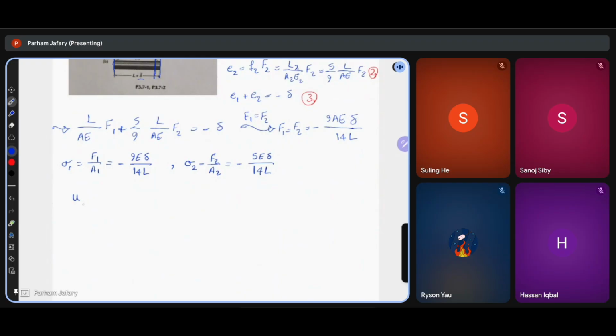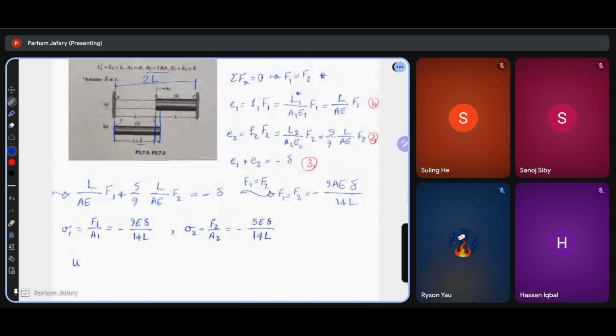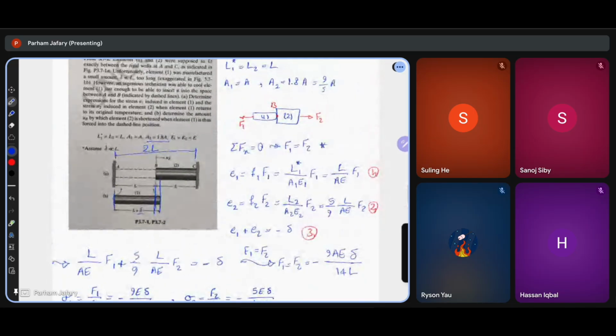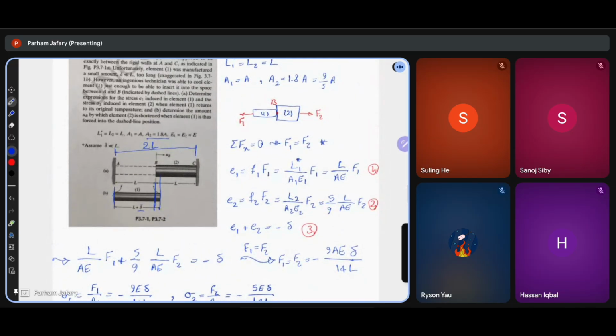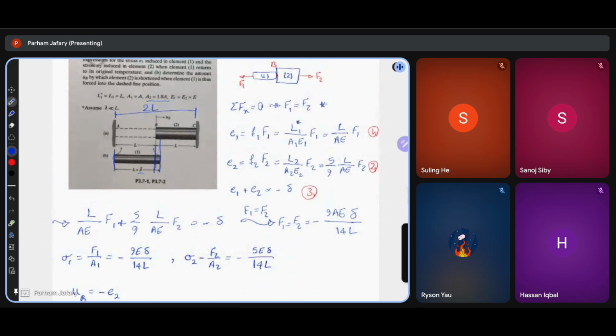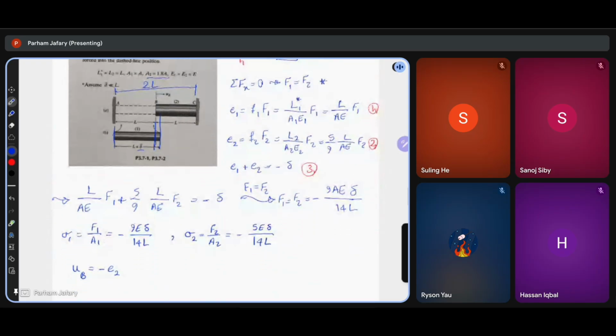Now the displacement at point B, UB, is equal to negative E2, the deformation of the second element, right?